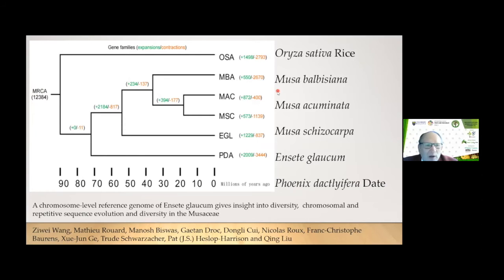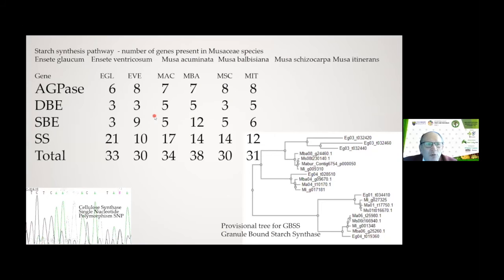But we can see the same as we saw on the other, a considerable number of gene families which are expanding in the Ensete group, and of course a very large number that expand in the Musaceae in here. So let's look at an individual group of genes here, and those are the starch synthase, which is so important both for the fruit and the corm in the starch group.